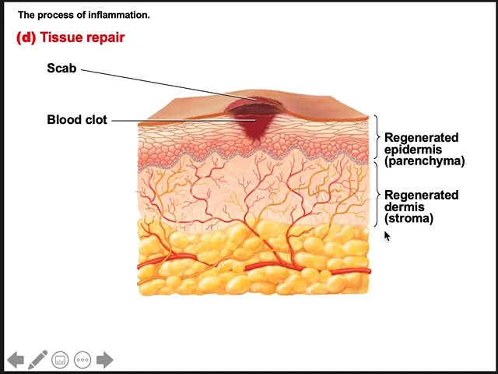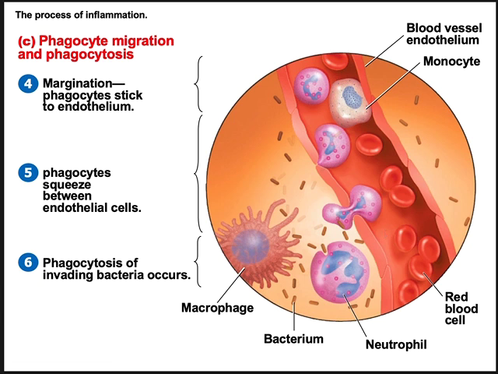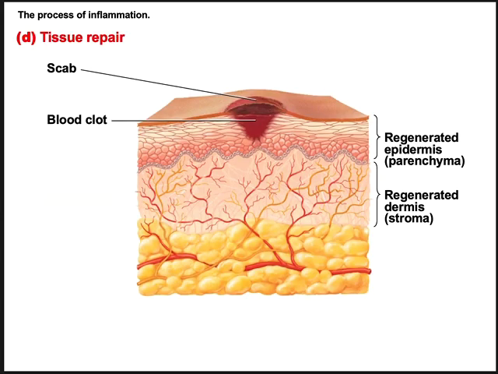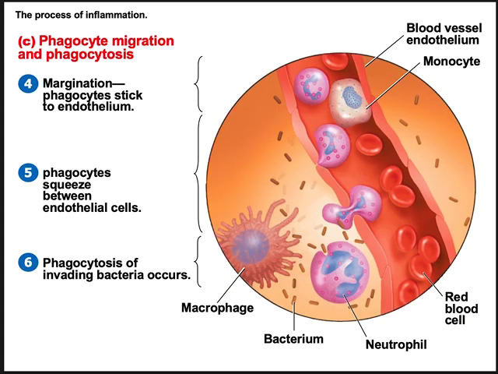Okay, so then once all that's done, you've gotten rid of all the bacteria, you don't have any more chemical messengers being produced, so everything calms down. You stop having the vasodilation, you stop having what we call extravasation or diapedesis, which is the process of these white blood cells going into the tissue.